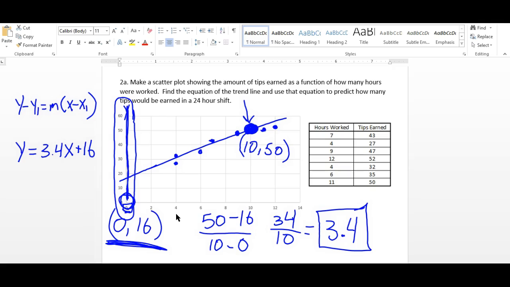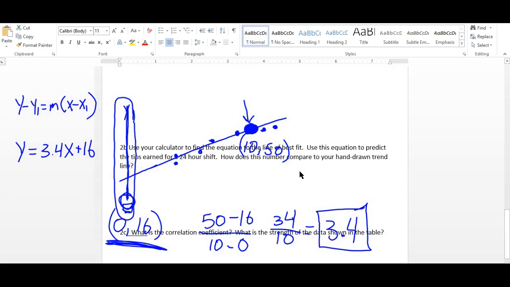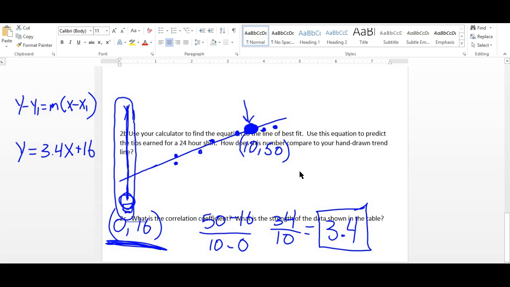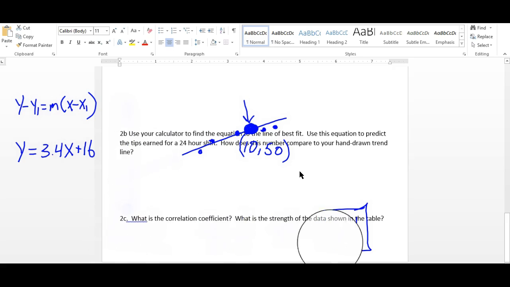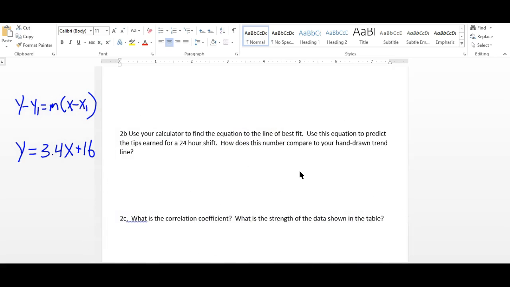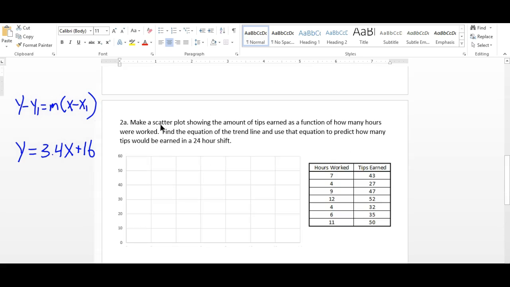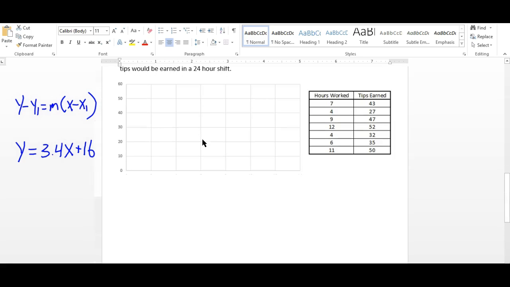I got the equation. Now I need to find how many tips to expect. I can find the amount of tips predicted in a 24-hour shift.